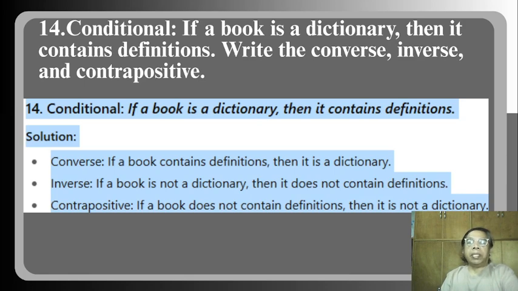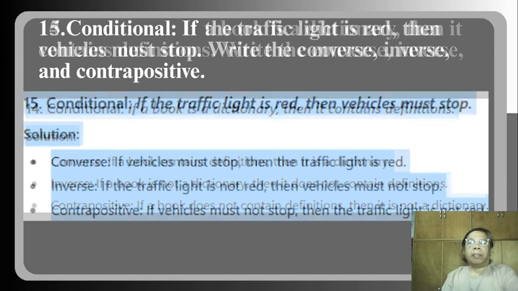The inverse of that conditional proposition: if a book is not a dictionary, then it does not contain definitions. And then the contrapositive: if a book does not contain definitions, then it is not a dictionary.